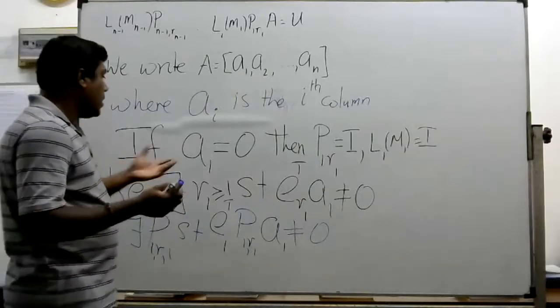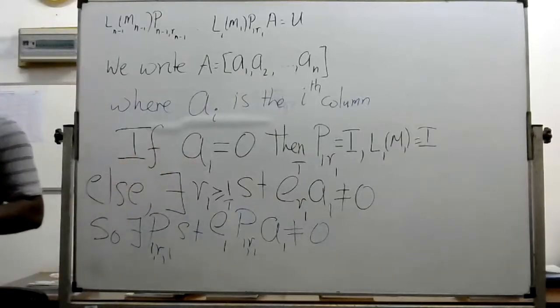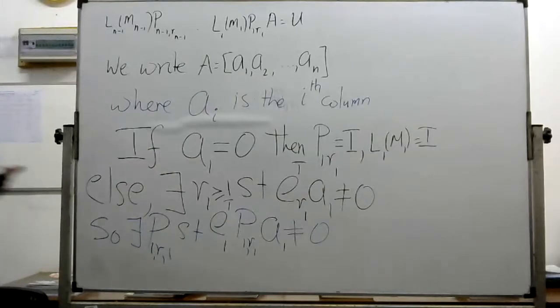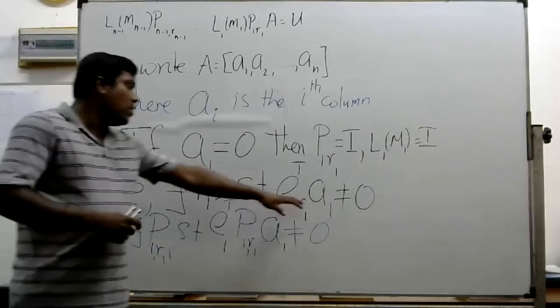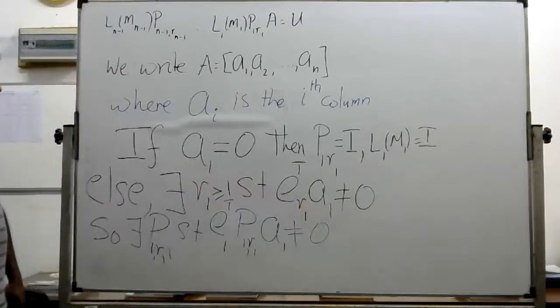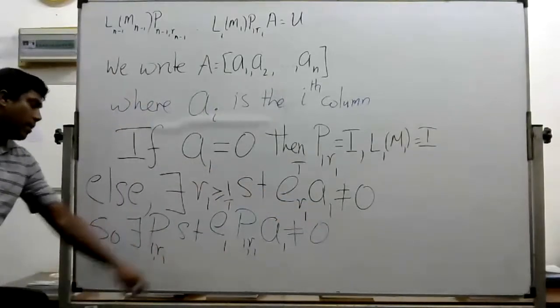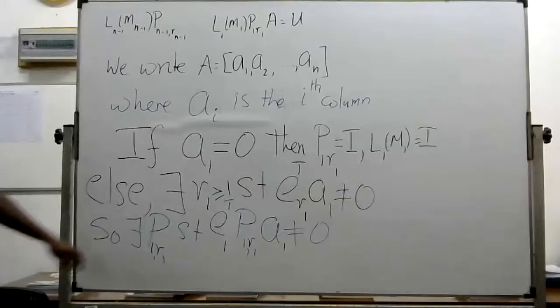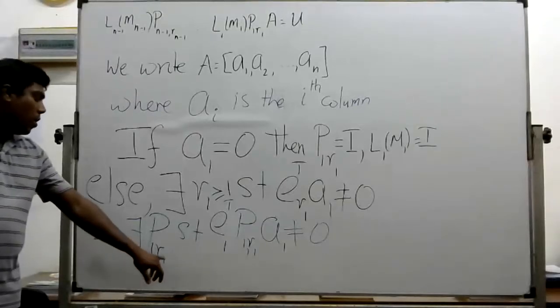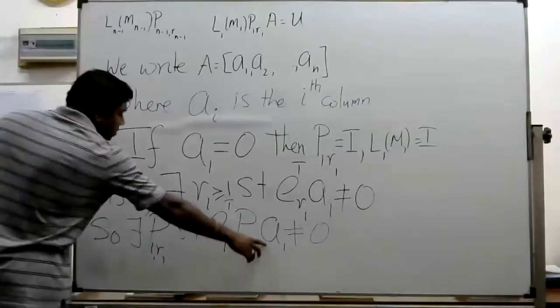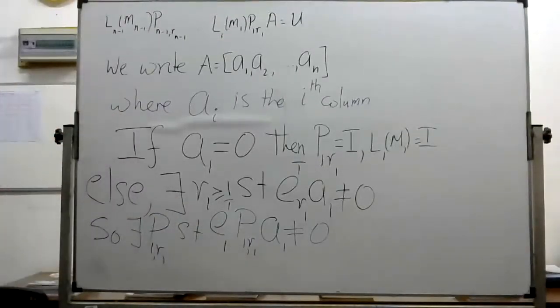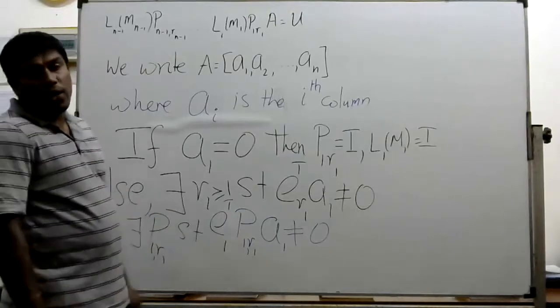If not, there will be at least one non-zero element. Suppose it is in the R1 place, then you can pick that place and find the elementary permutation matrix which interchanges the first row and the R1 row of the matrix. So then P1R1 times A1, the first column, has a non-zero first component.